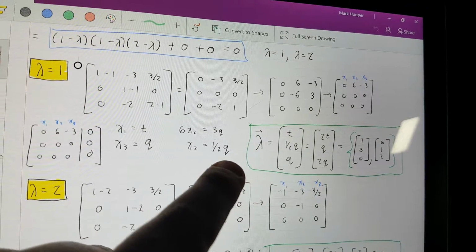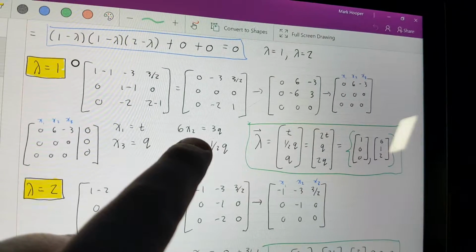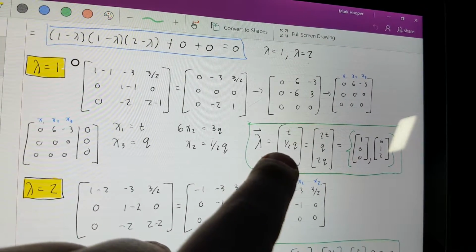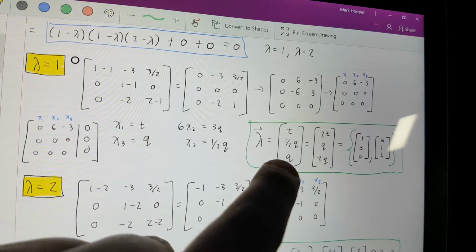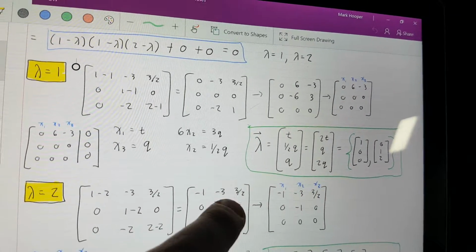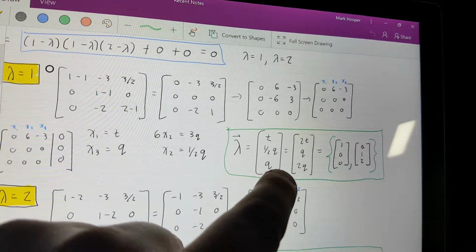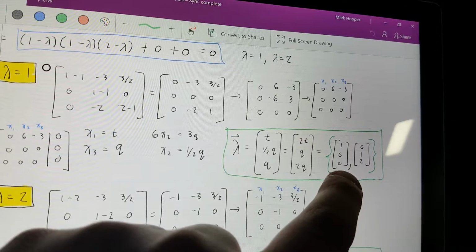So now you get x1 equals t, x2 is 1/2 q, and x3 is q. I just wanted to get rid of the fractions. But keep in mind, this is the t one, and this is the q one.